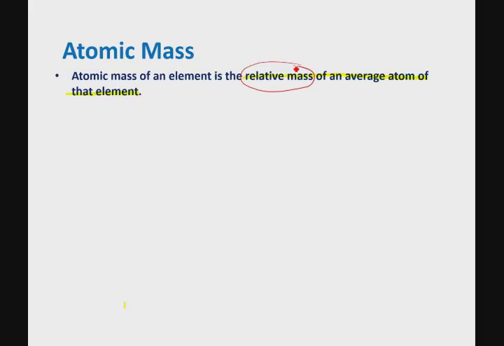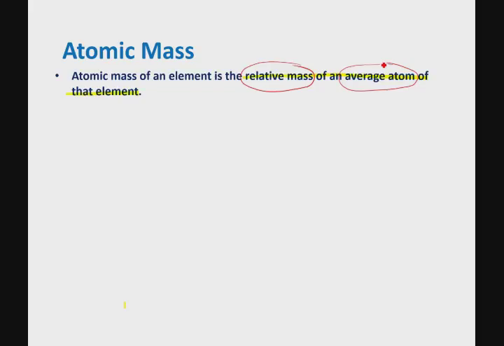The other phrase that is important in this definition is average atom. Please remember in an earlier session we talked about isotopes and how almost all the elements in nature occur as mixtures of isotopes, and those isotopes are not present in equal quantities. The percent natural abundance, the percent fraction of each isotope in a sample of an element, is something that is characteristic to that element.